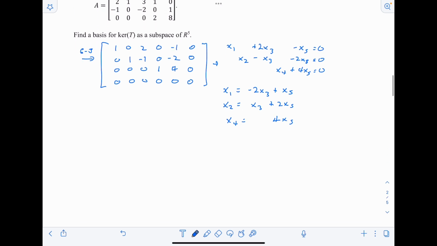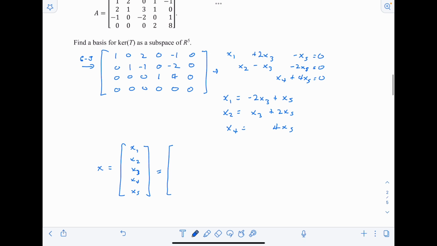So again, x is just (x1, x2, x3, x4, x5), where I'm going to let x3 be s, and x5 we'll let be t.